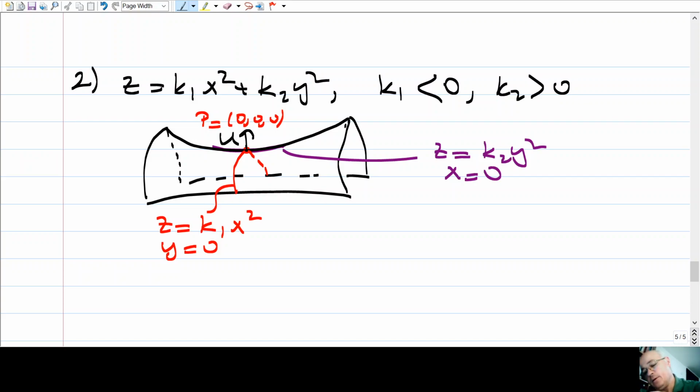And what is the Gaussian curvature in this case, which was K1 times K2? One of them is positive and the other one is negative, therefore this is negative.